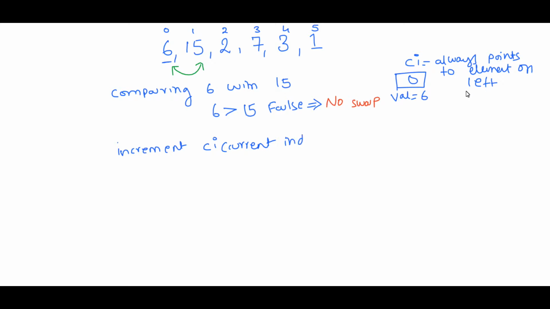Just in case we forgot, current index. So our CI is going to be 1, the value of 15. So let's write our array again, writing the indexes first: 0, 1, 2, 3, 4, 5.